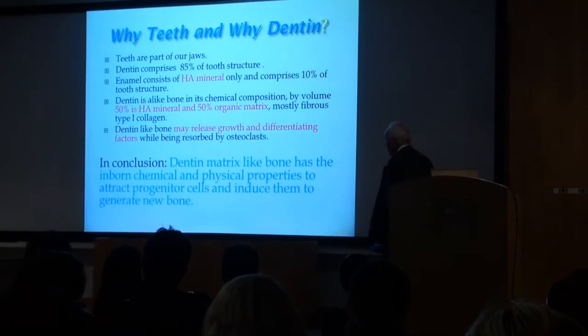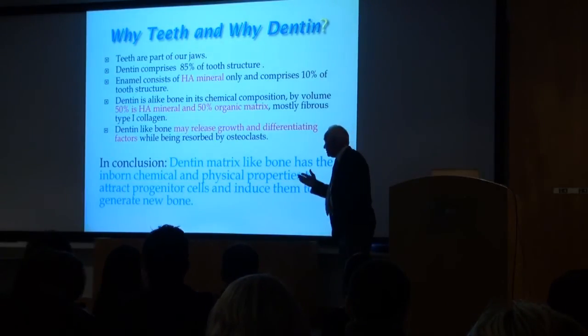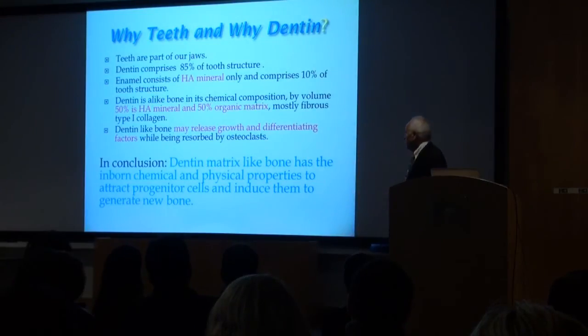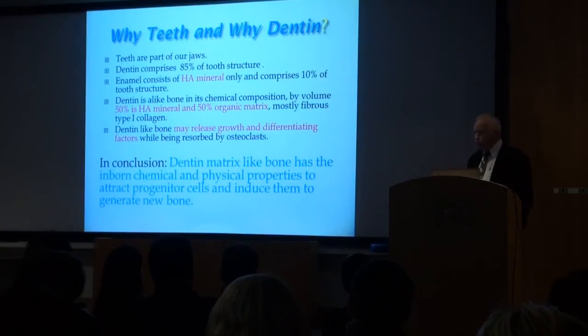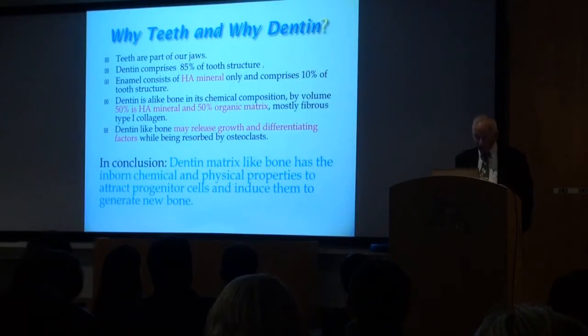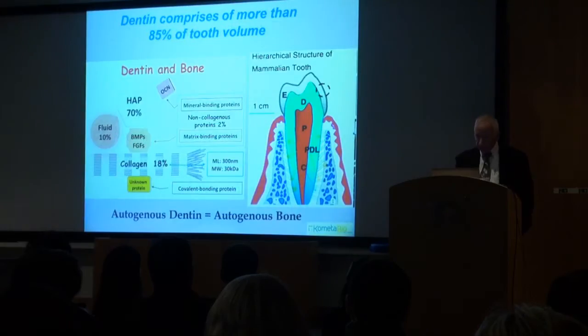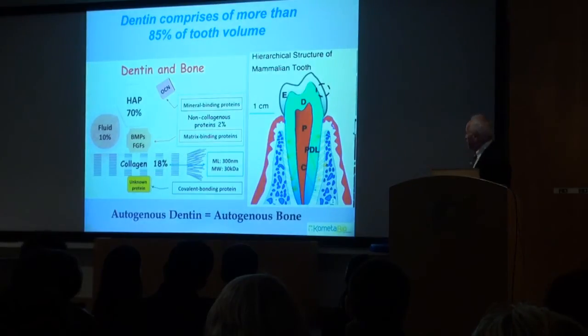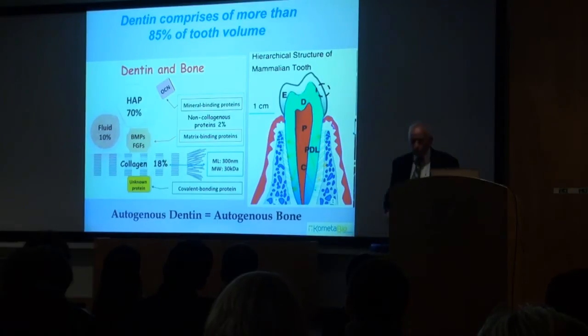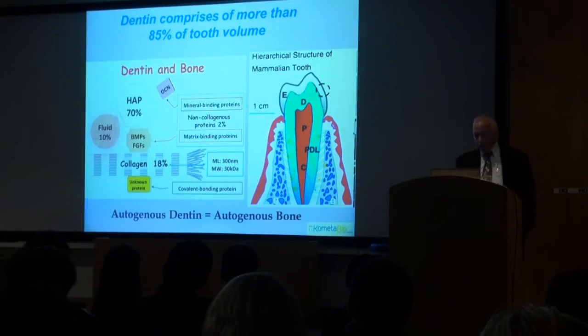So dentin, like bone, may release growth factors after it starts to demineralize, after it starts to remodel. Already in 1970 it was shown by Harry Reddy and Huggins that dentin can induce bone like bone itself. This essentially shows that dentin and bone comprise the same chemistry.